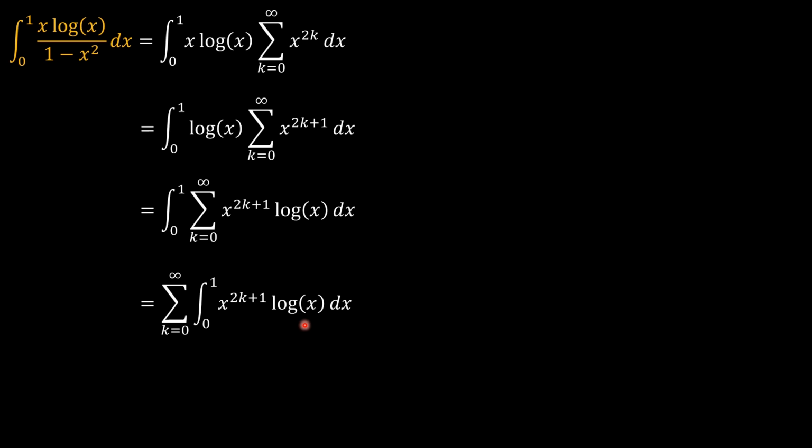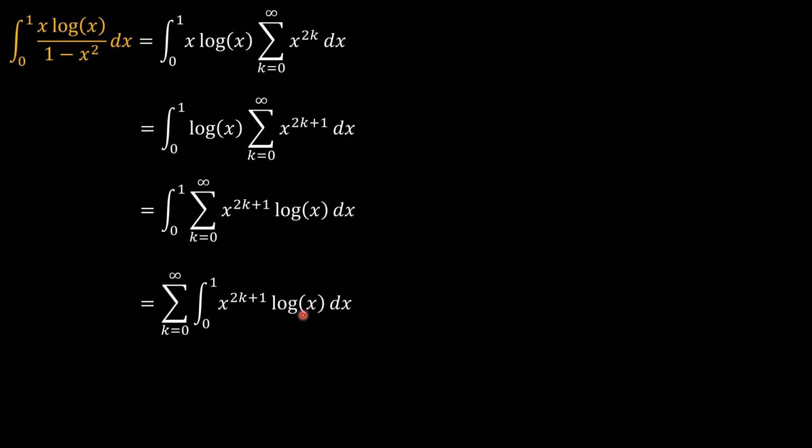I would like to use integration by parts here, where we say, okay, so if you have a product of a function v and the derivative of function u, then when you integrate that, you have the product of u and v minus the integral of the product of u and the derivative of v.